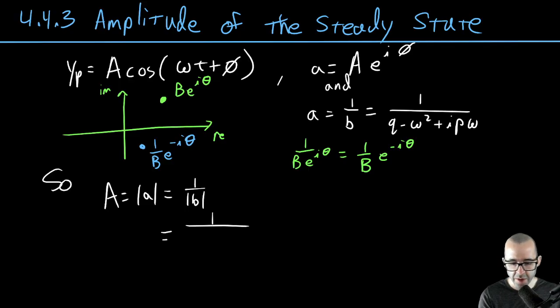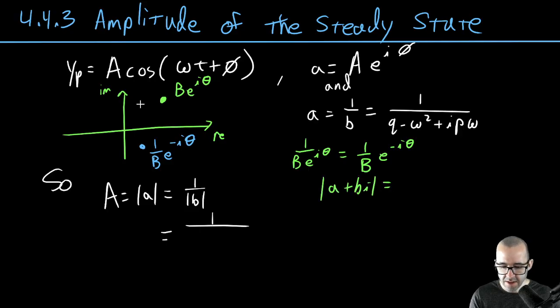Well, we'll have to remember the modulus of a complex number. The modulus of a complex number is just its distance from 0. It's just the square root of a squared plus b squared. Real part squared plus imaginary part squared.